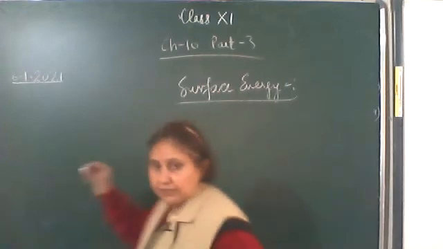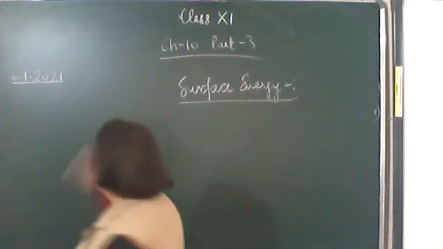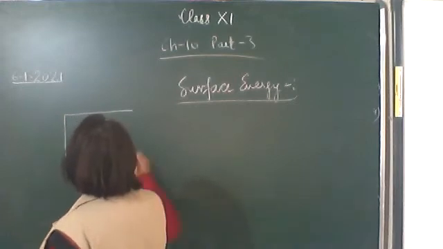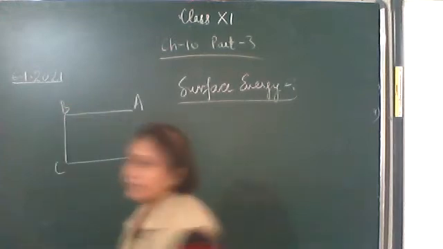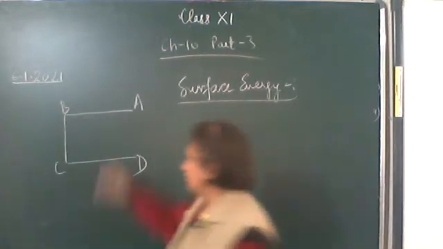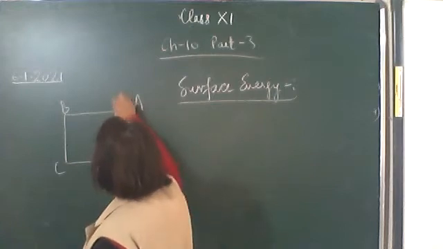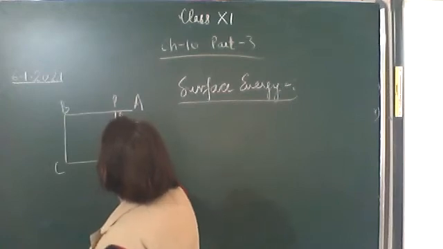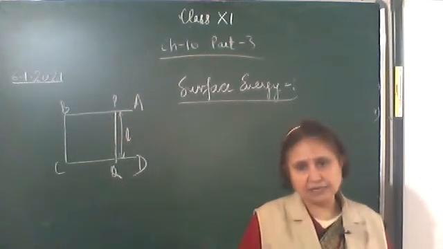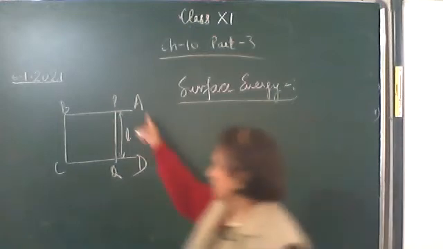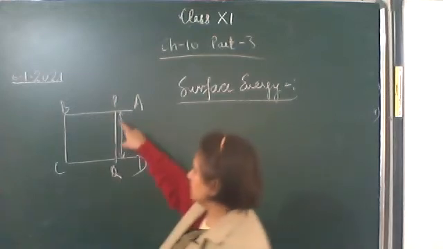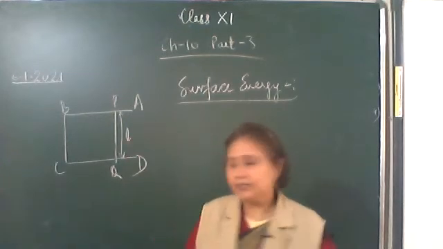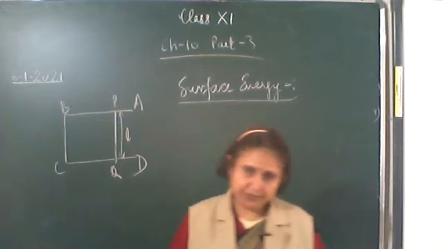Now, in order to find the expression of the surface energy, let us consider a rectangular frame of wire. ABCD is a rectangular frame of wire on which there is a sliding wire PQ of length L. Sliding means it can be slid on the frame.